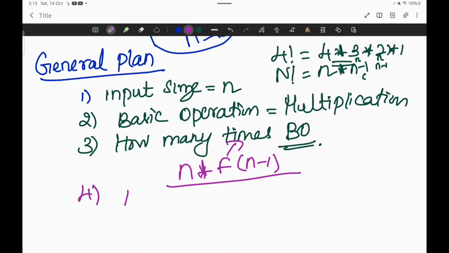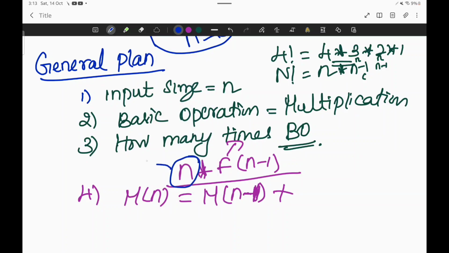The n star means you are just multiplying some constant value: 4, 3, 2, 1. So that is constant time only. N is considered to be constant time. But f of n minus 1 is calling the function itself again and again, so you need to consider that. Basic operation, how many times is it multiplying? F of n minus 1 time it is calling.